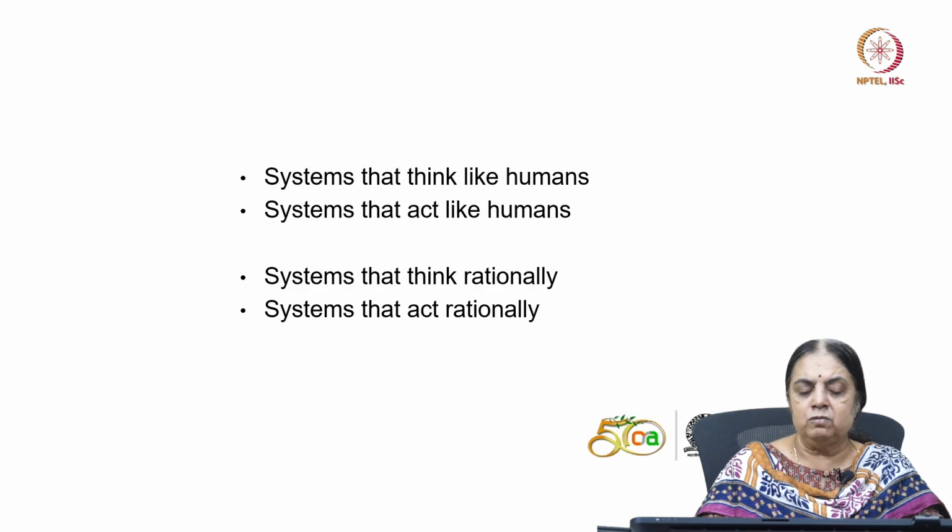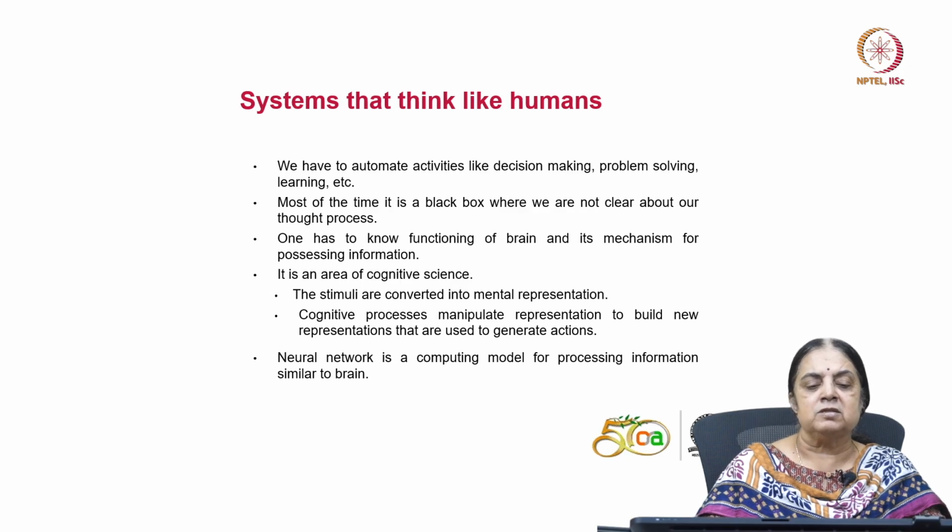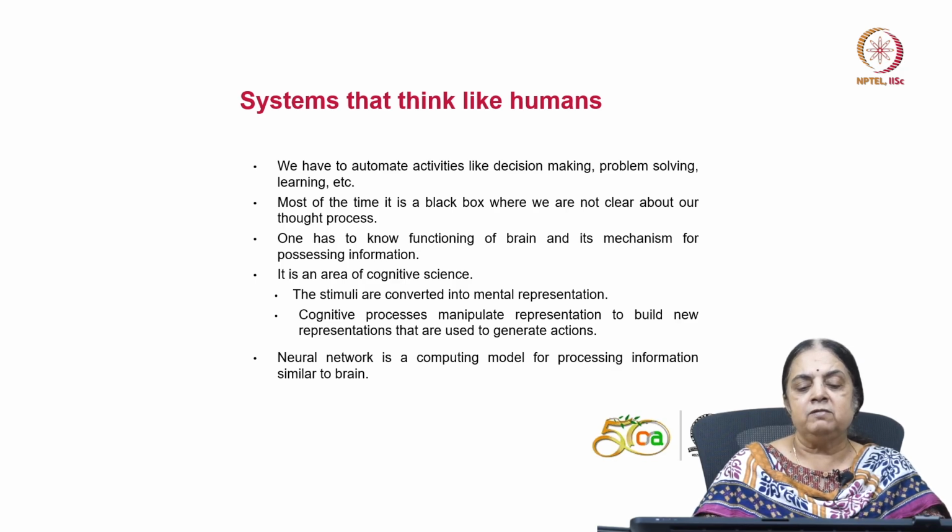So how do you make an AI system that thinks like humans? How do you make an AI system that acts like humans? How do you make an AI system that thinks in a rational way? Okay. So let us see what the differences between these are. When you talk about systems that think like humans, you need to automate the activities like the human being does.